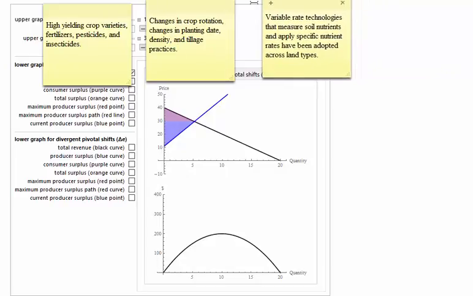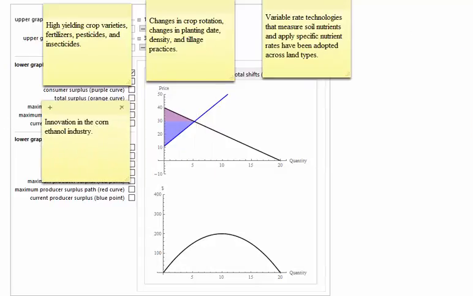Likewise, variable rate technologies that measure soil nutrients in agriculture to give specific nutrients. Innovations in the corn ethanol industry and many other innovations can cause this parallel shift.